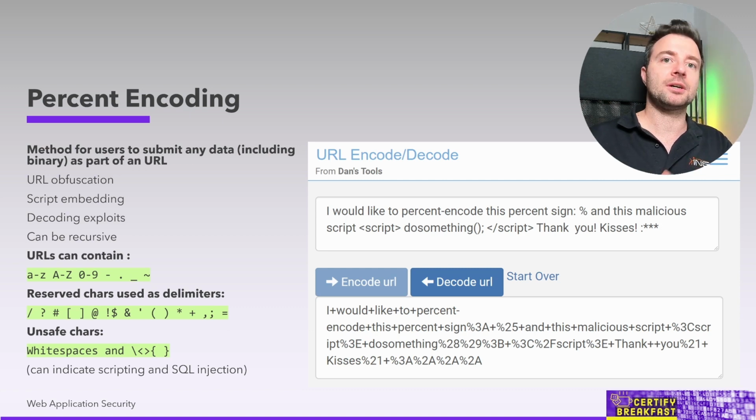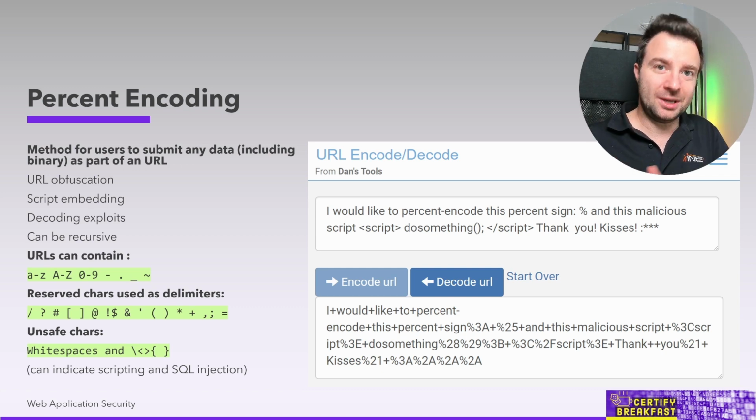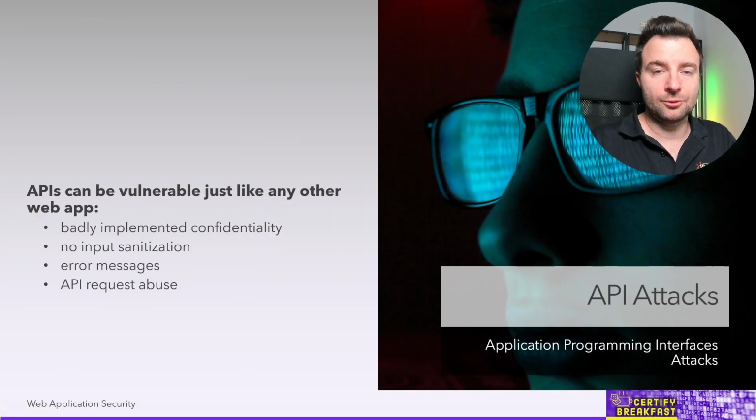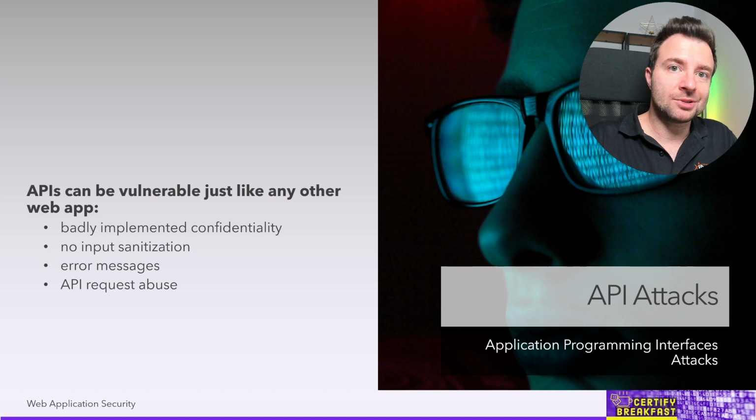So we could have recursive decoding inside of an encoded URL, which can also lead to potential denial of service attacks. Or even buffer overflow attacks if you think about the fact that, well, that URL is probably going to be held in memory somewhere, and if you manage to expand it to a huge size, you might run out of buffer space.